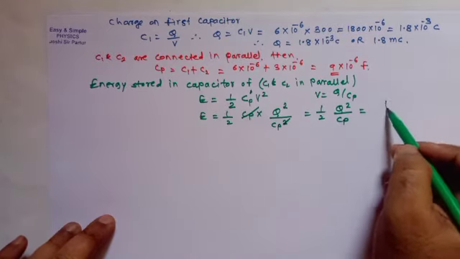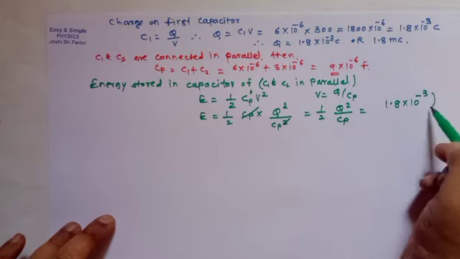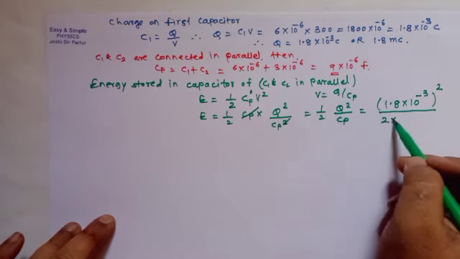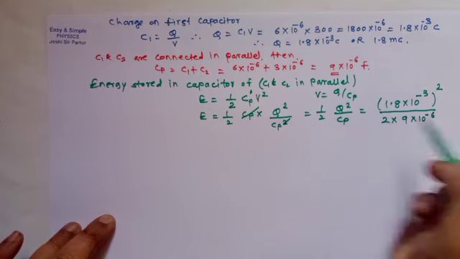So it is 1.8 into 10 raised to minus 3 square upon 2 into 9 into 10 raised to minus 6.